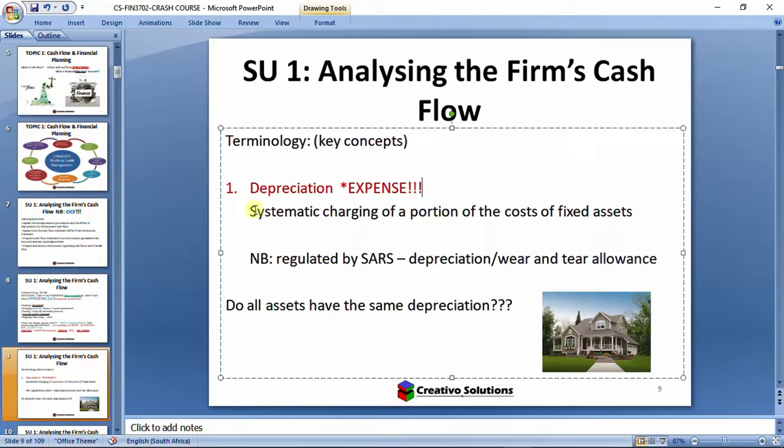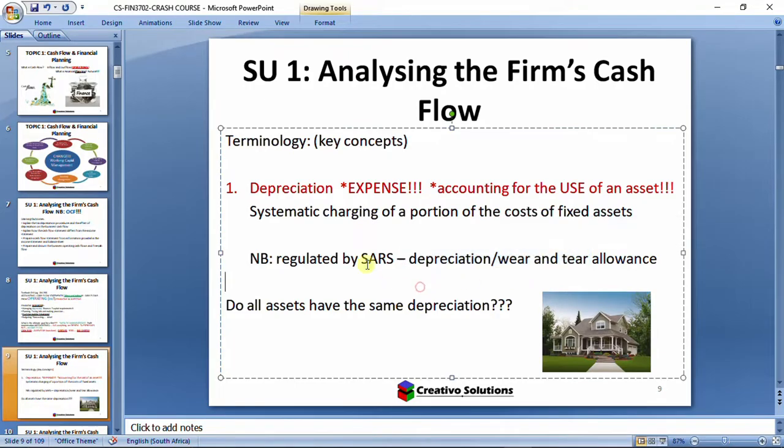Depreciation is taking the cost of an asset and allocating that cost over a period of time. It's an expense because it's accounting for the use of an asset. I can't use the asset and not record anything. Remember, the asset will decrease in value. The asset will be depreciated.